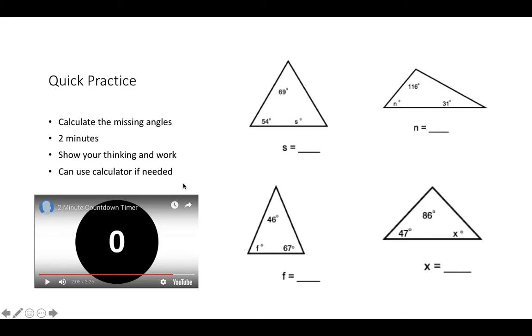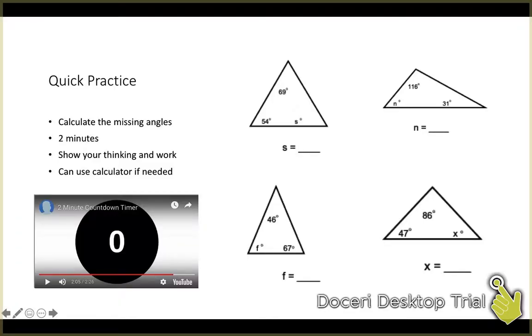So for S, you should have gotten 57 degrees. For N, you should have gotten 33 degrees. For F, 67 degrees. And for X, 47 degrees.